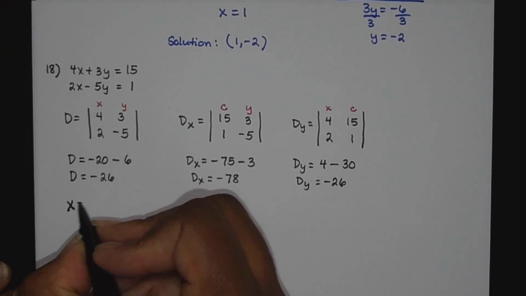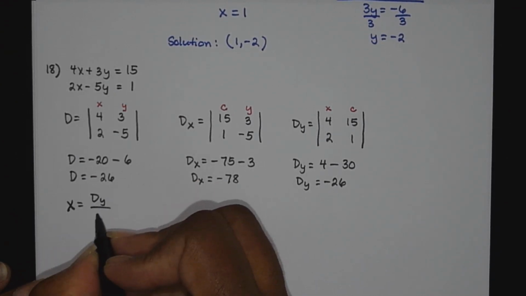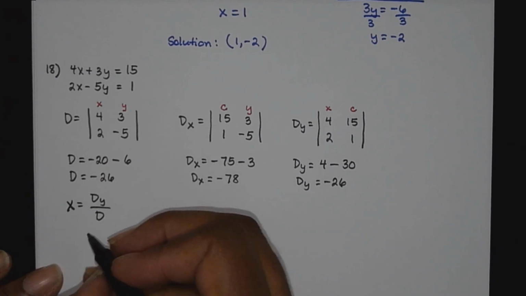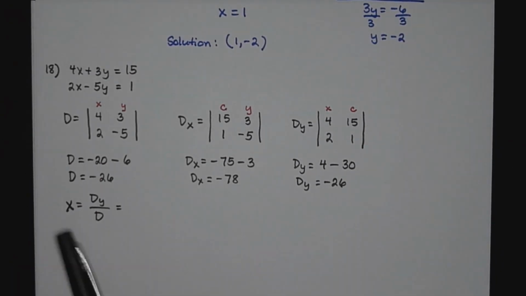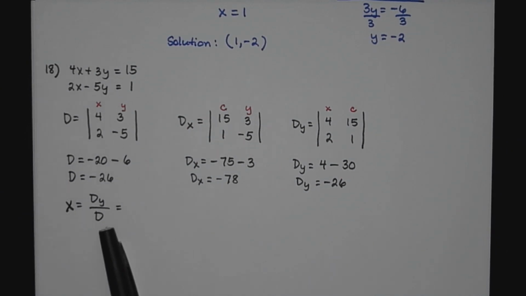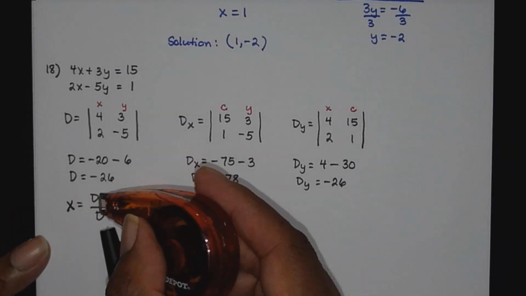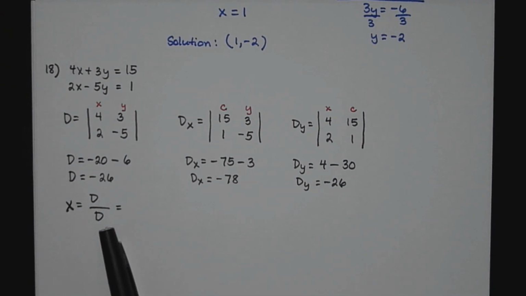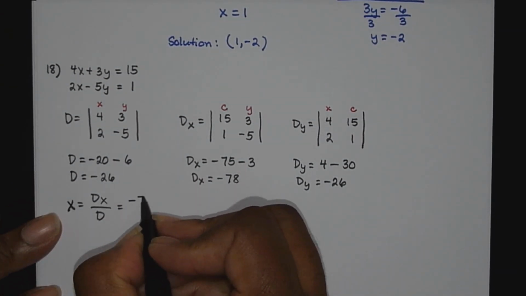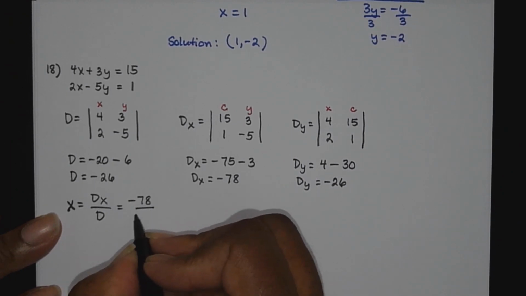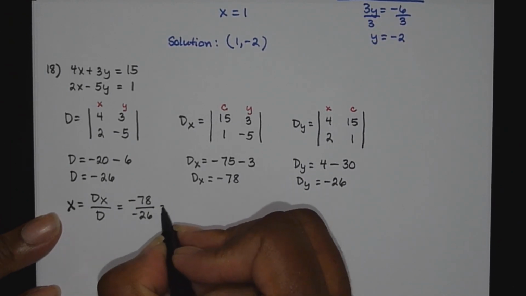And then from there, I can find out what x and y will be. X, of course, is d sub x divided by d. So here, d sub x, not d sub y. I use that for y. D sub x is negative 78 over d, which is negative 26.